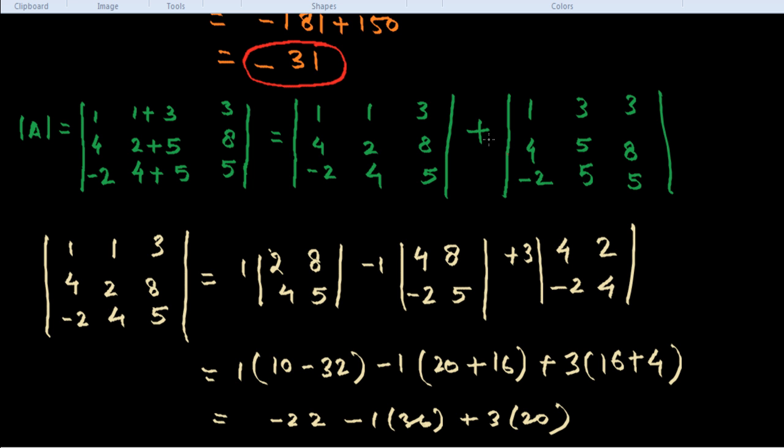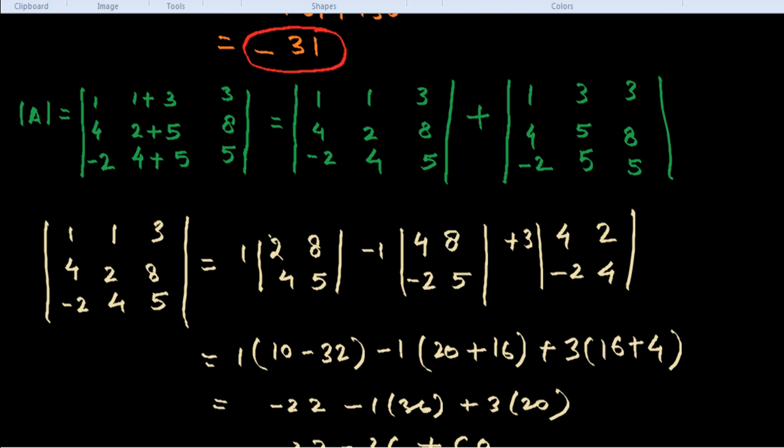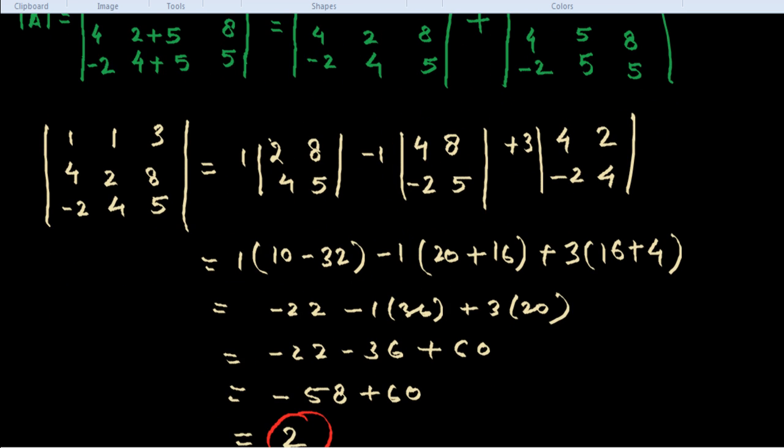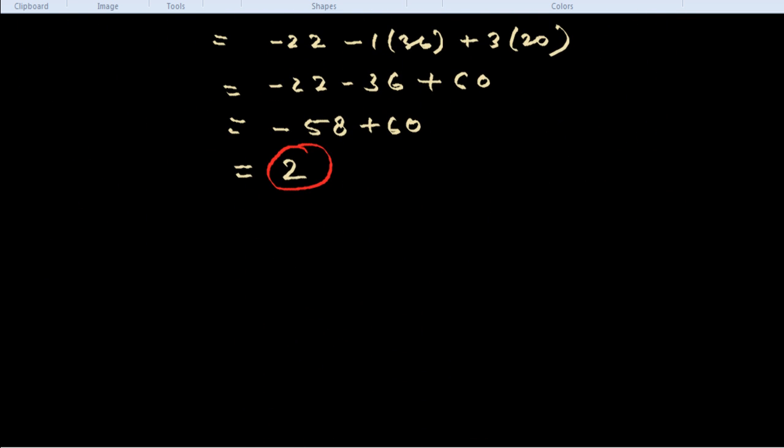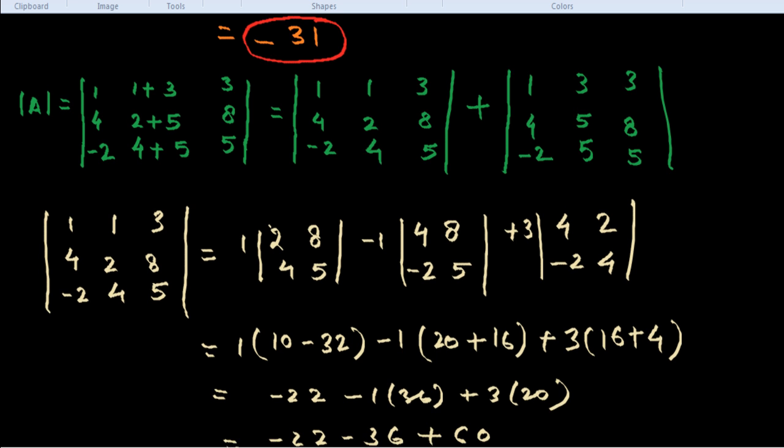And the whole determinant value, we know that it is minus 31. I find out the value of the second. This determinant value we have to find out: 1, 4, minus 2, 3, 5, 5, and the third column is same, 3, 8, 5. I write down with a different color.